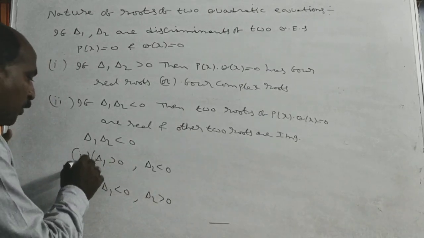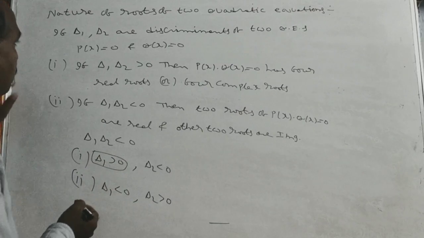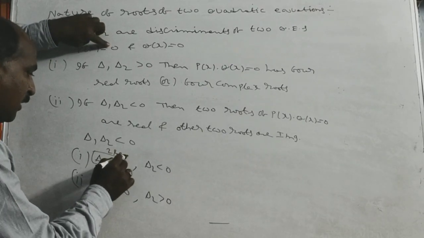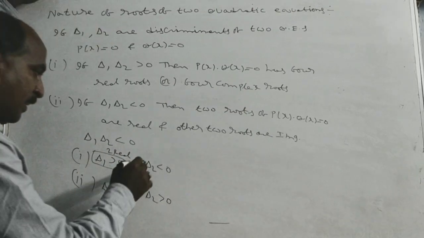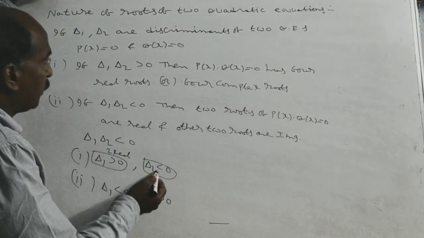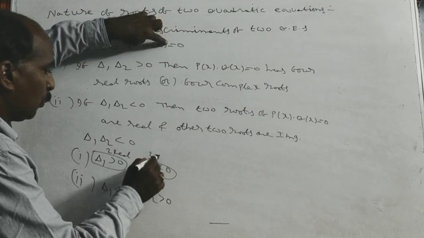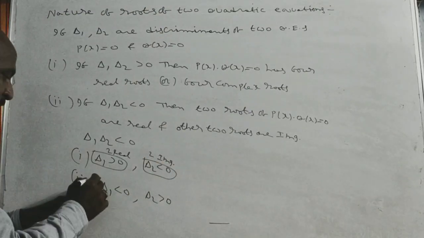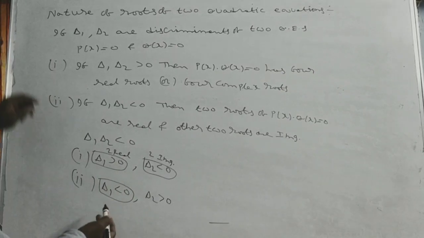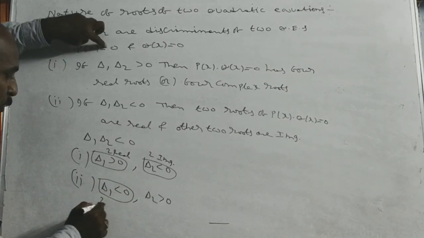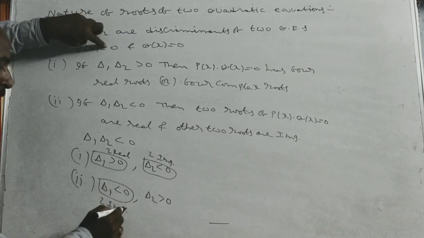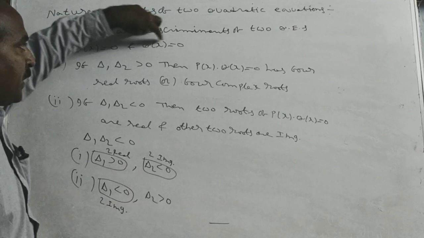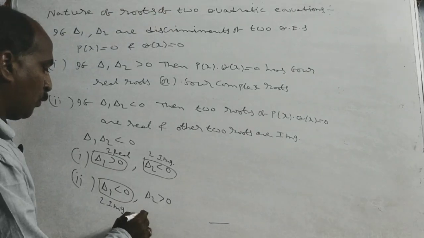Here delta 1 positive implies P of x equal to 0 has two real distinct roots and delta 2 negative. That means Q of x equal to 0 has two imaginary roots. In second case, delta 1 negative implies P of x equal to 0 has two imaginary roots, and delta 2 positive. That implies Q of x equal to 0 has two real distinct roots.